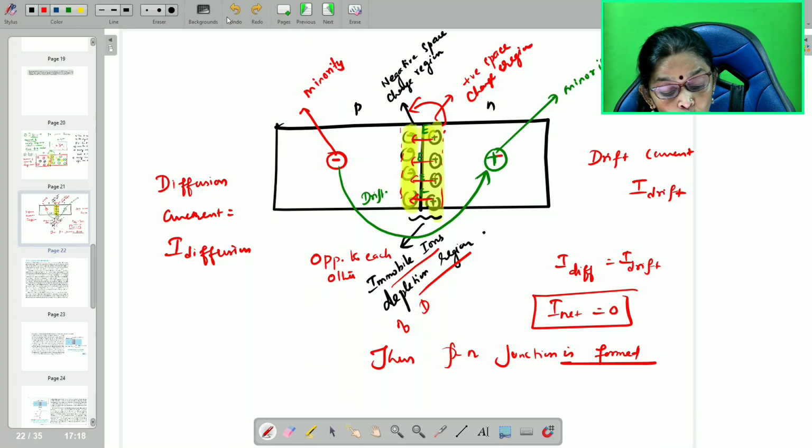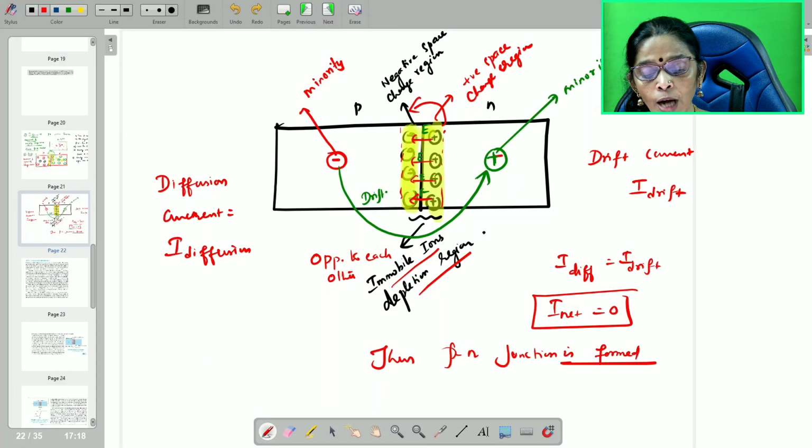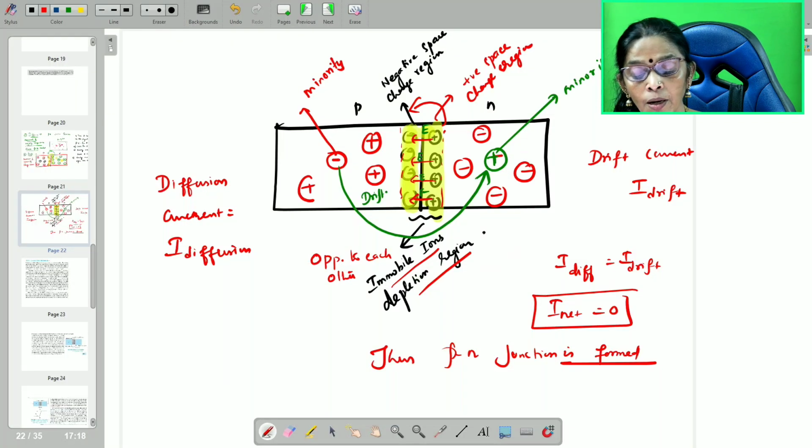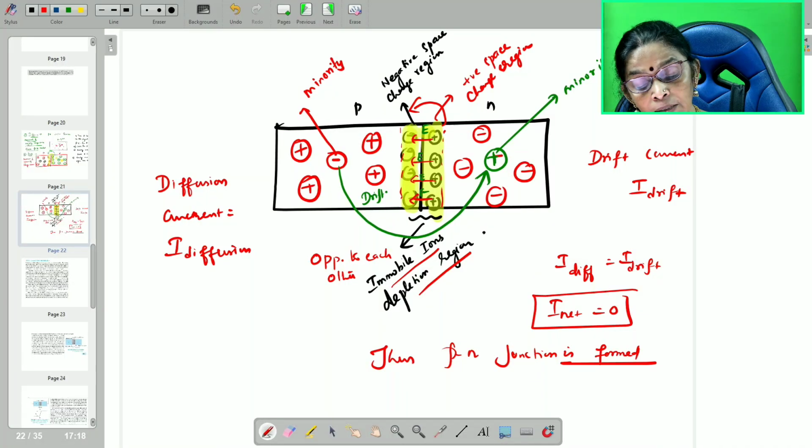That I haven't told you, I am going to tell you. This region you call it as depletion region. Negative space charge region and positive space charge region constitute a region called depletion region. Now once the diffusion current is equal to drift current, net current becomes 0. So therefore no charges can further flow from N to P or P to N, because this will repel.